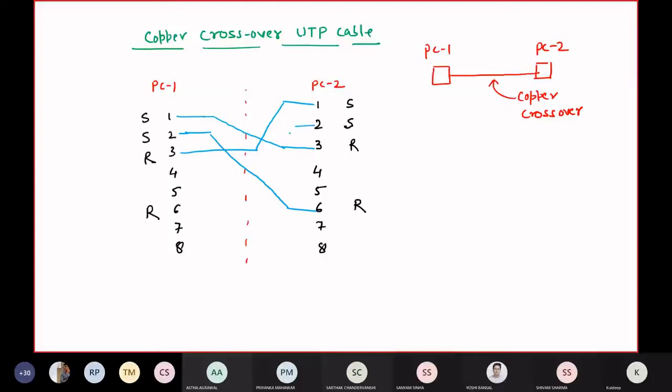And the second one we need to connect with pin 6, right? Is there any doubt? Okay, so you can see clearly we are using a crossover connection over here.